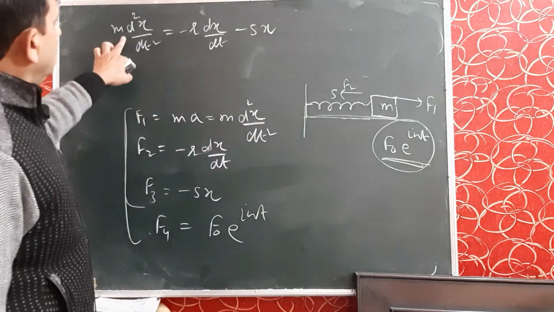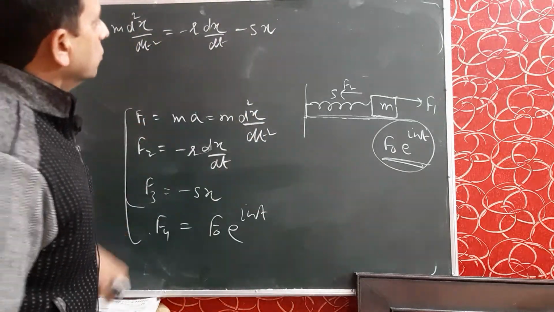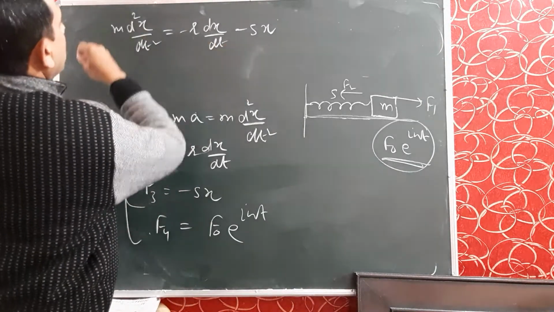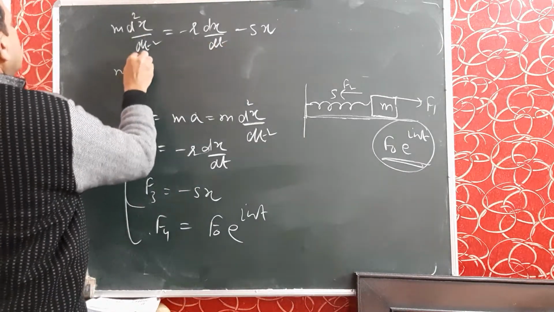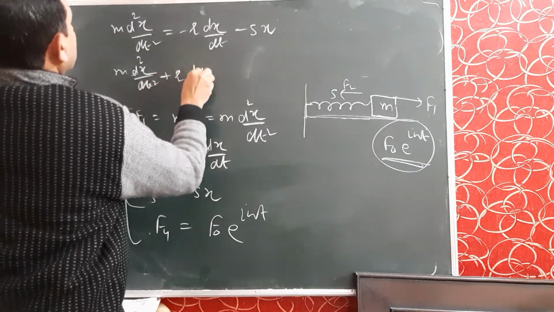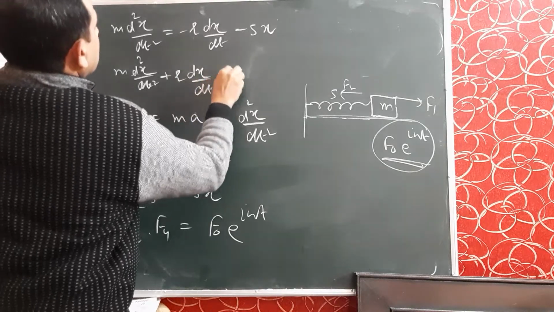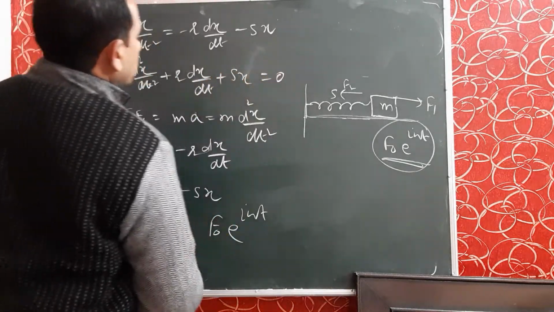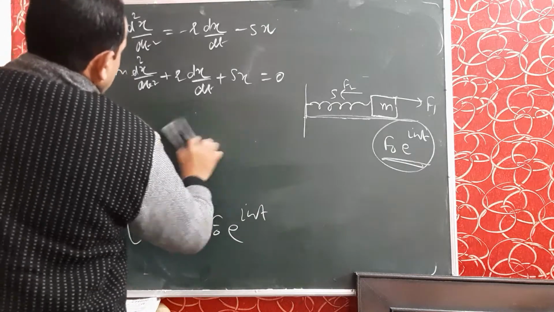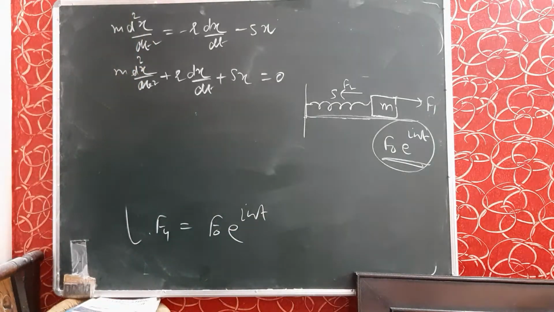These are restoring forces or negative forces. And on taking these two terms on the left hand side, we will get m d square x by dt square plus r dx by dt plus sx equal to 0. So this equation is equation of damped oscillator.